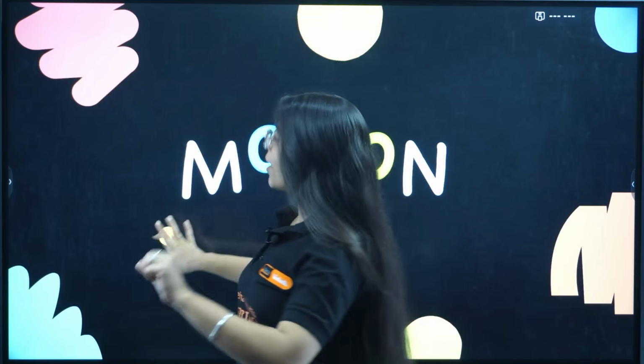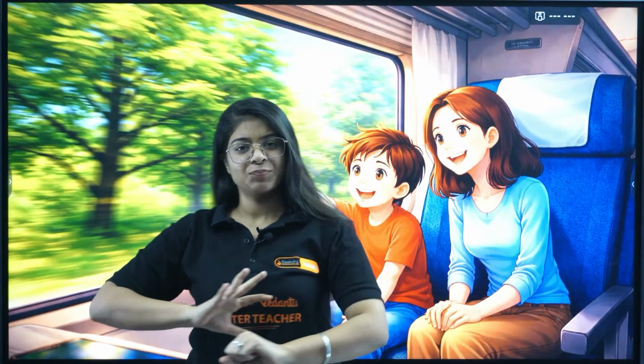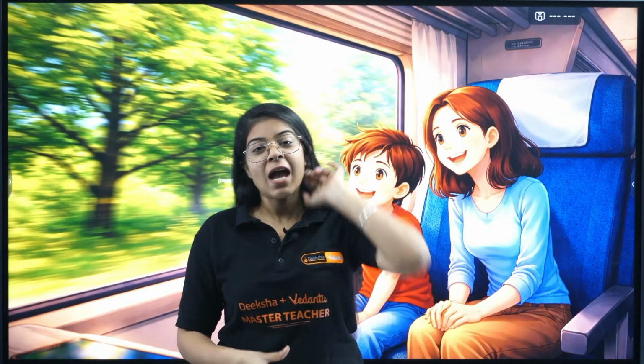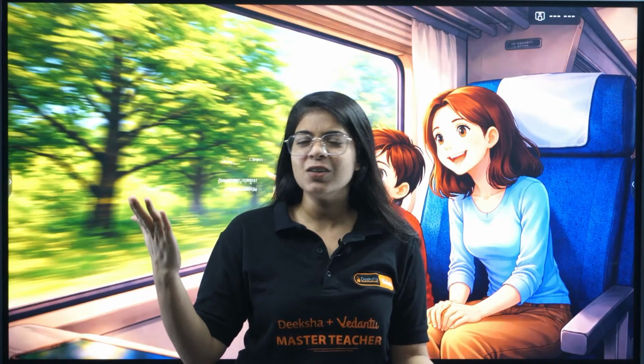Imagine after your class 8th, you are going to your nani's house, your mamu's, your bua's house, maybe by car or by train. Maybe your younger brother or sister shouts, Mom, the trees are going backwards. And you're like, hey, are you crazy?